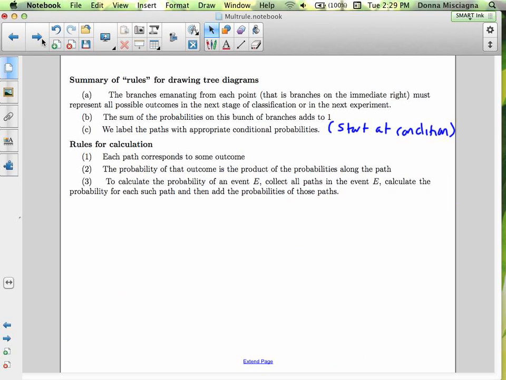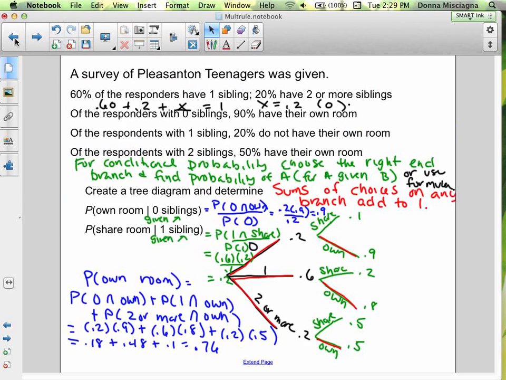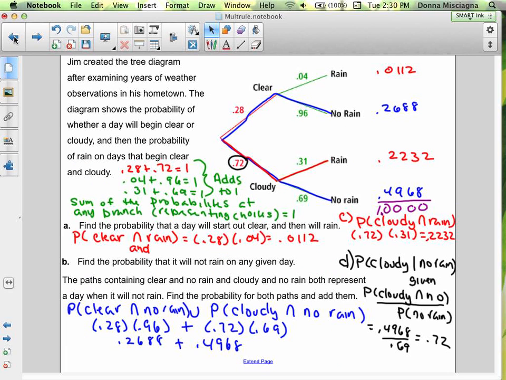The sum of the probabilities on each bunch of branches adds to 1. And we saw that. We did that for everything, right, on that very first problem. So here, if we look back at the clear and cloudy, rain and no rain tree diagram, every set of branches added to 1.